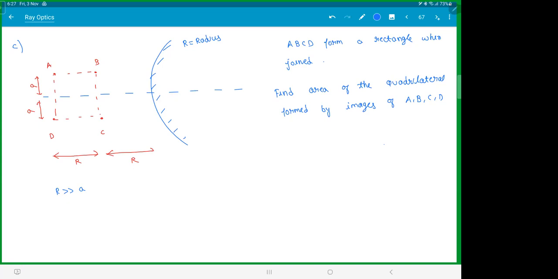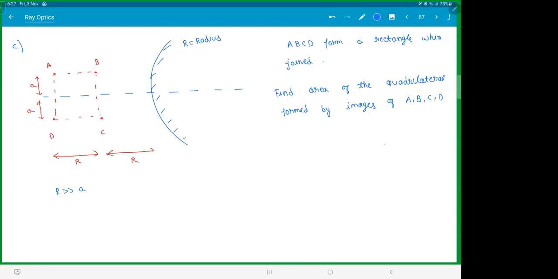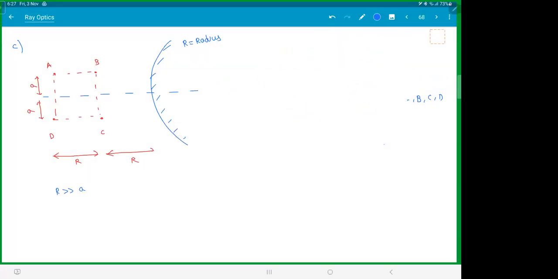The answer will come in terms of A and R, boss. You won't get it in A, it's C. This is a little brute force, a little lengthy, but you can just find the image for 2 points. The other 2 points will take care of themselves.